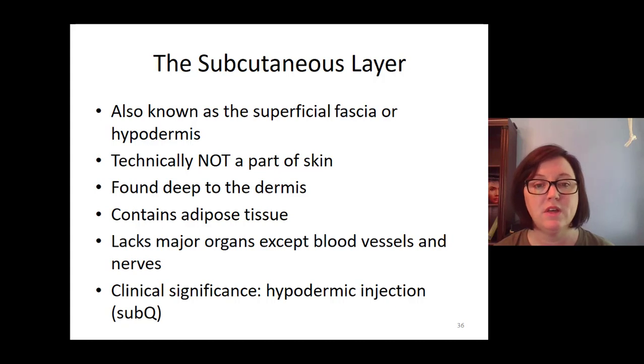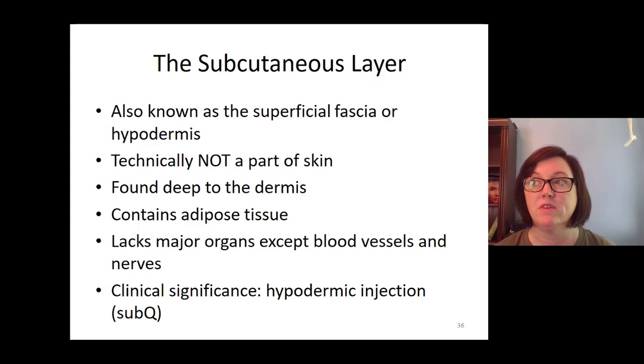The subcutaneous layer lacks major organs and accessory structures, with the exception of blood vessels. So there are quite a few blood vessels in the subcutaneous layer, and there are some nerves running through there. It is of clinical significance, and that is because it is used as a site for injecting drugs.